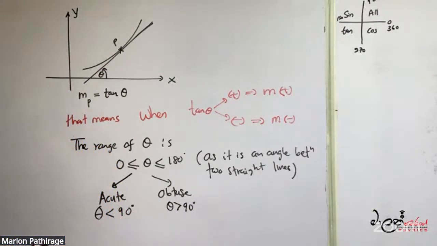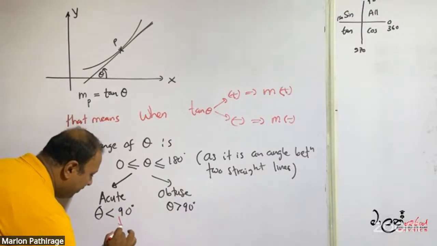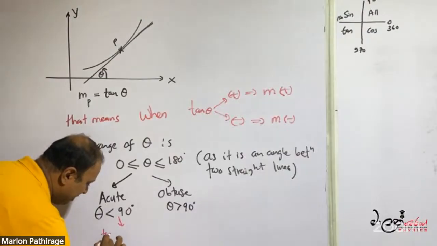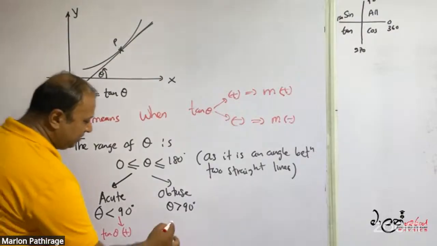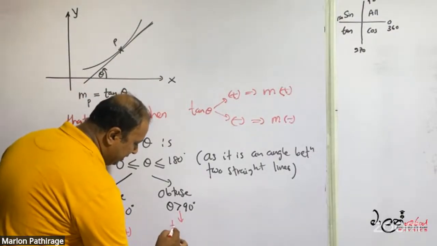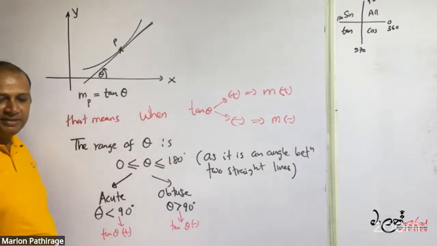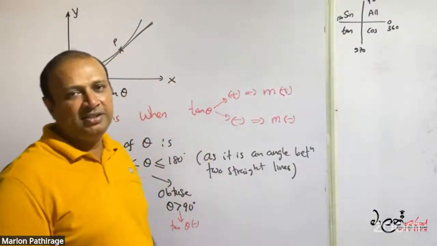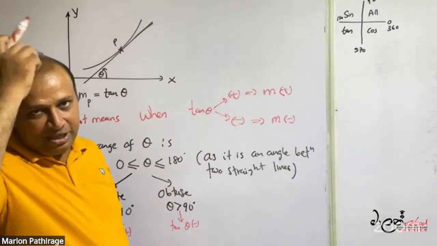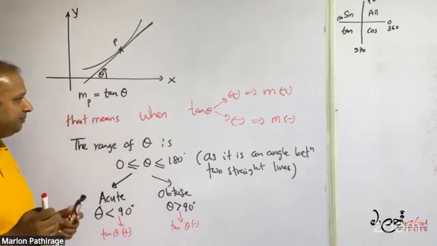Yes, it is negative. Therefore, if it is an acute angle, tan theta is positive. If it is an obtuse angle, tan theta is negative. You can take this using this figure. If you get that, please raise your hand.